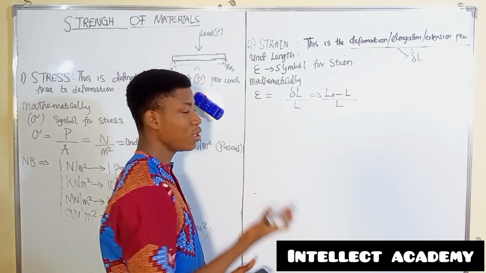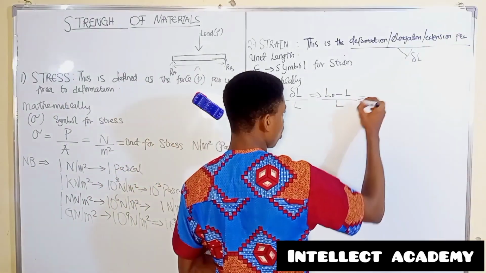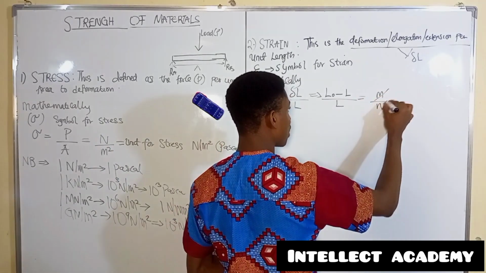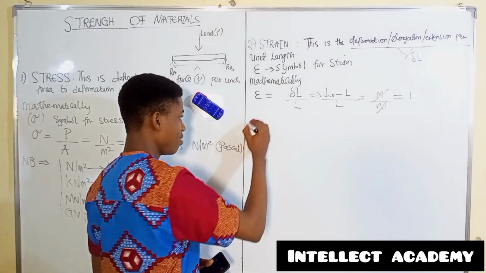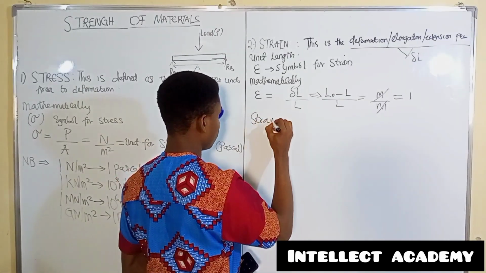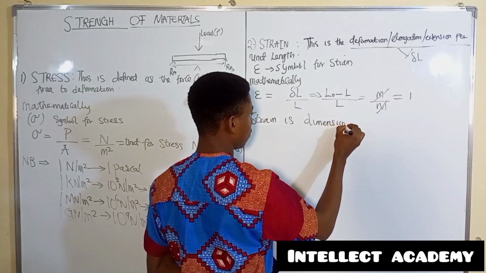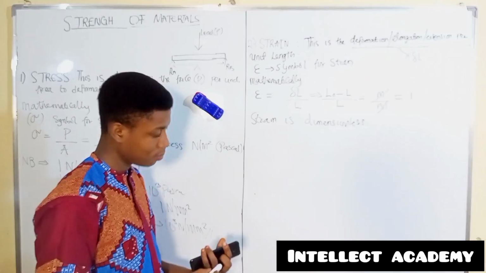Now, what is the unit for strain? Take note, from dimensional analysis, you're having meters over meter. This will cancel this. So therefore, strain is dimensionless. Very, very important. It is a dimensionless quantity.